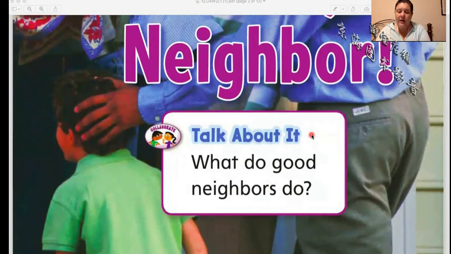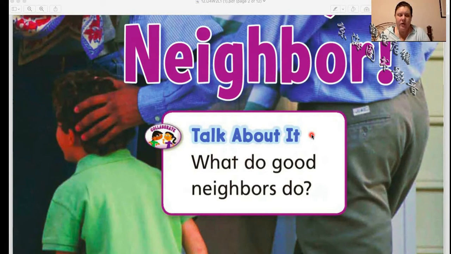So talk about it. What do good neighbors do? So what are some examples of some things that neighbors can do if they are good? Okay, what are some examples of what your neighbor would do if they were a good neighbor? Okay, so yeah, so they might help you, right? So maybe if there was something wrong with your house, your neighbor might come over and help you.